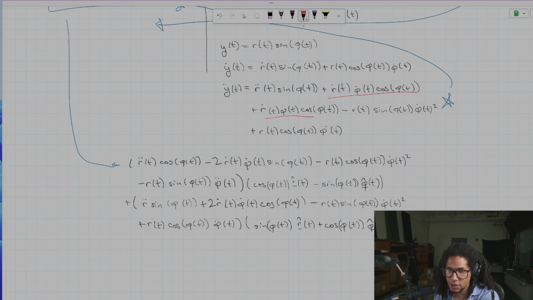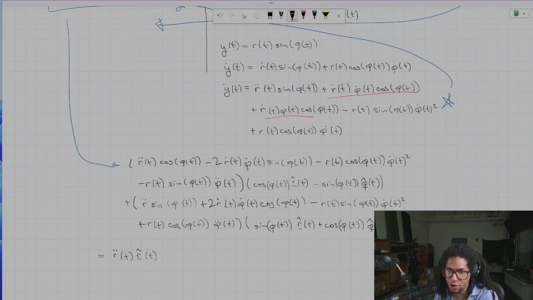All right, so let's see. We have an r double dot times cosine phi times cosine phi times r hat. R double dot times sine phi times sine phi times r hat. Those two will combine together to give me an r double dot of t times r hat of t.